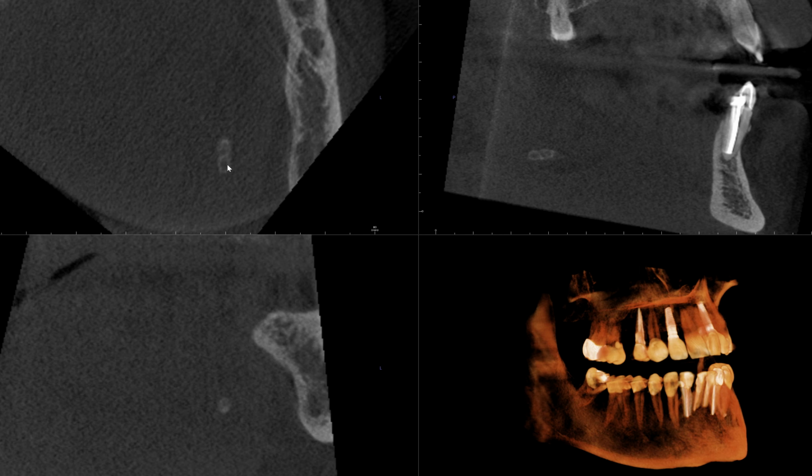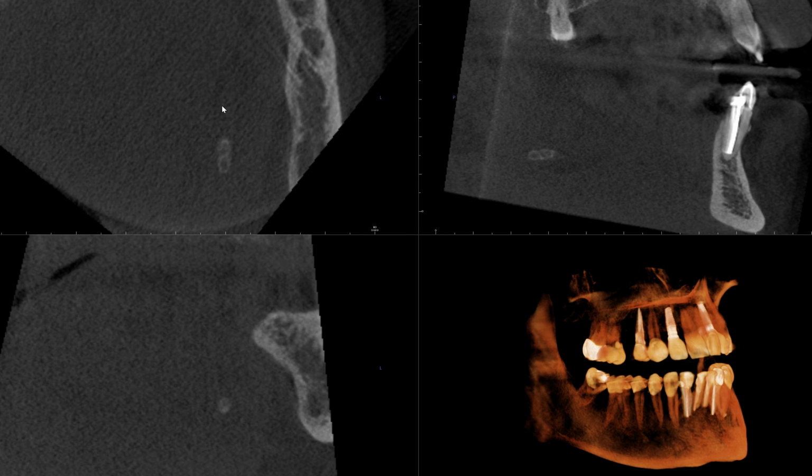Keep in mind that some sialolith may not necessarily look like this either. It can be completely spherical, so that you can see onion ring layers within the sialolith as it continues to calcify over a long period of time.